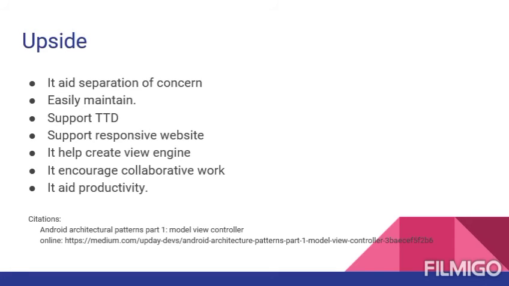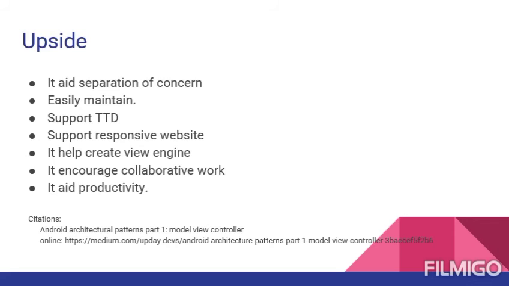MVC can easily be maintained, and it can aid updates. For example, every time Microsoft Windows and Office update, this is made easier if they have separation of concern. Some people will work on the model, while some will work on the view, while some will work on the operating system that it will run on.